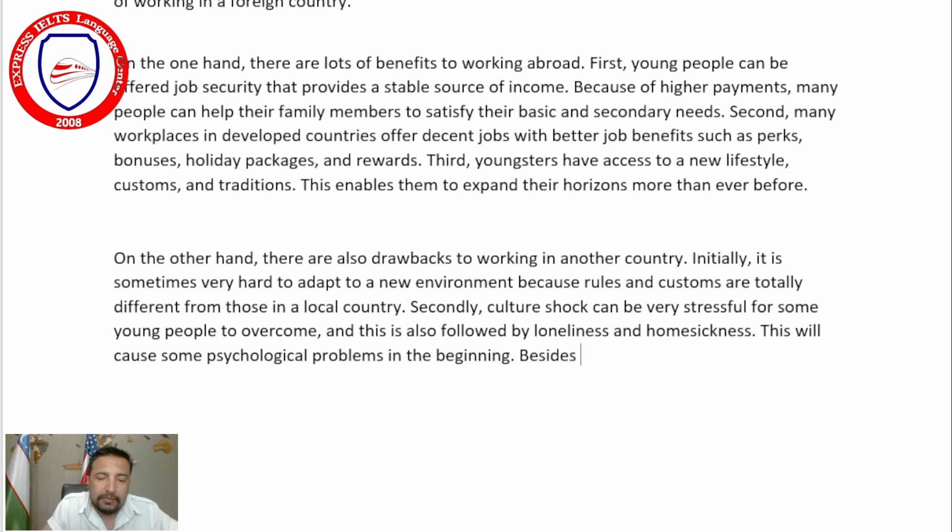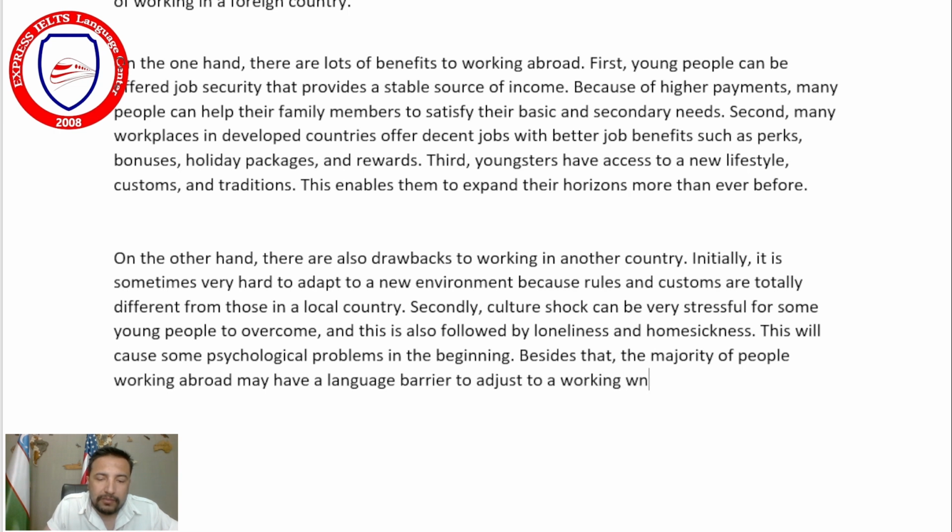Okay, besides that, the majority of visitors, I mean the majority of people working abroad, may have a language barrier to adjust to a working environment.